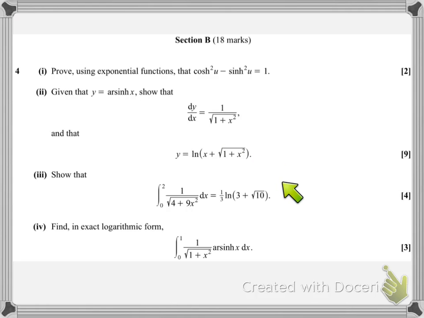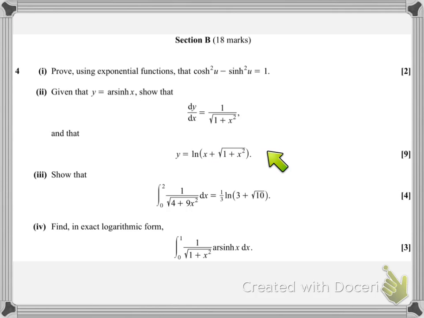In part 3 then, we've got to find an integral. Now this integral looks very similar to what we had in part 2, so we should be expecting something of the form with arcsin of something, and indeed the answer here does look very similar to this, so that kind of matches up.